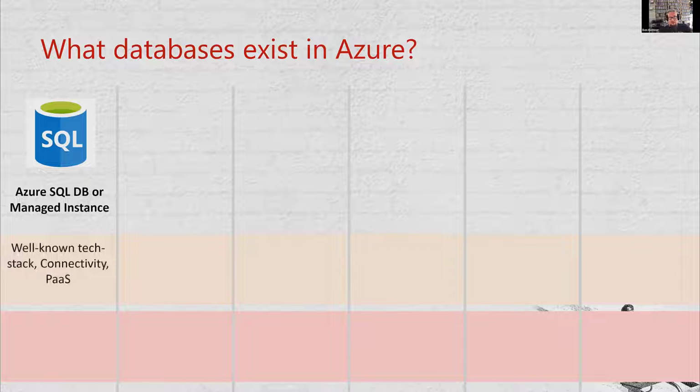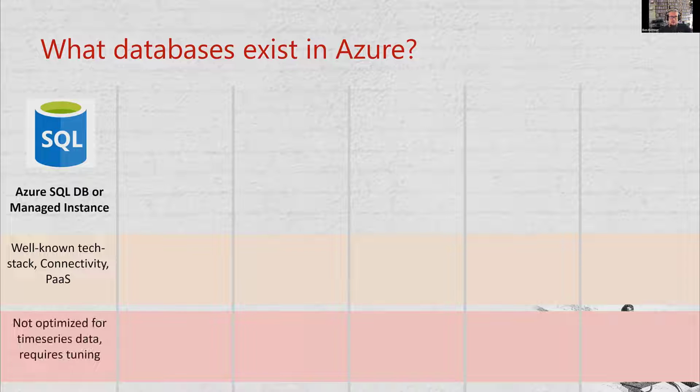The good thing is this is a really well-known tech stack, and you have experts like Uwe who can do black magic on SQL databases, on Microsoft SQL engine, and make things happen that you wouldn't think possible. And of course, if you look into Azure, those are available as platform services, so you don't need to maintain your own virtual machines or anything, which is also a good thing.